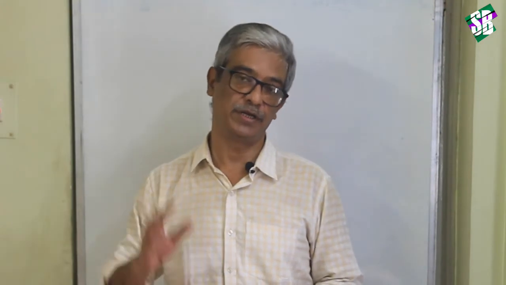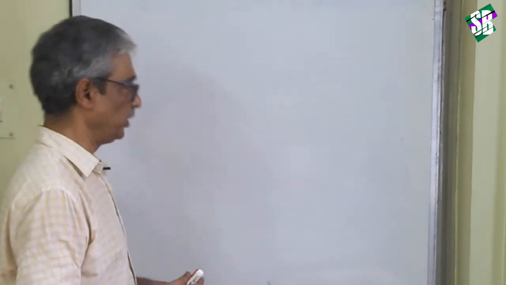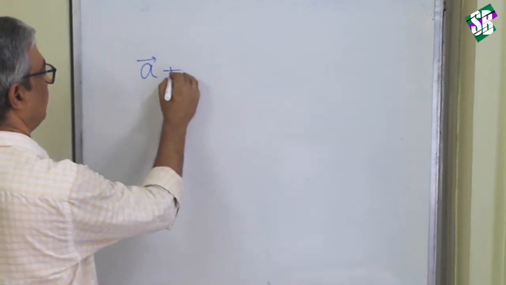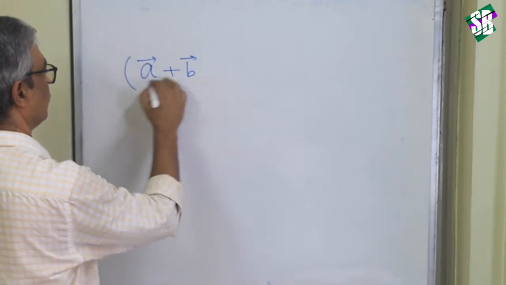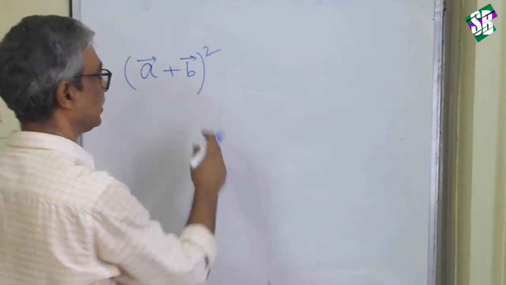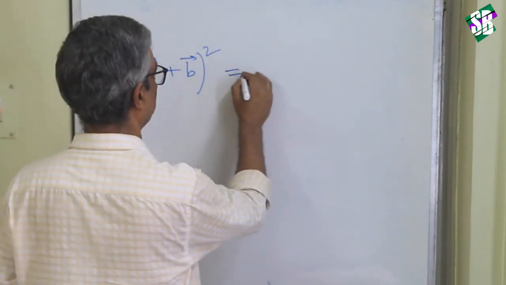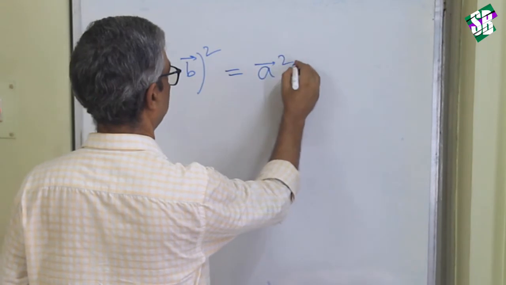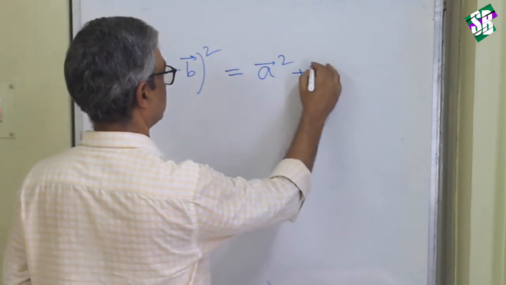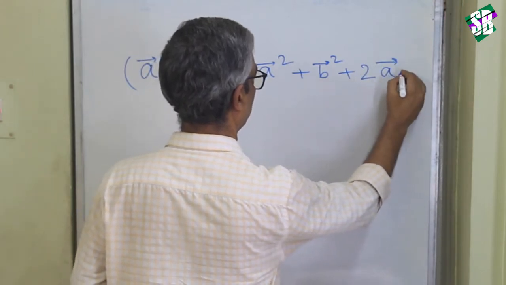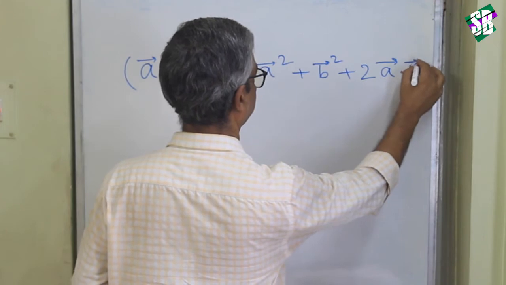Before proceeding any further, I would like you to remember these two formulae. A vector plus B vector squared, which is nothing but A vector plus B vector dot A vector plus B vector. So this is A vector squared plus B vector squared plus 2 A vector dot B vector.